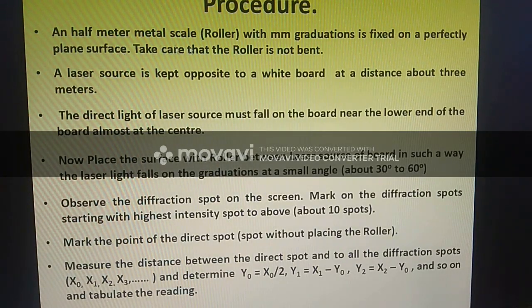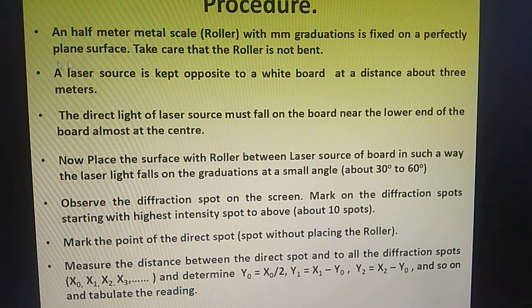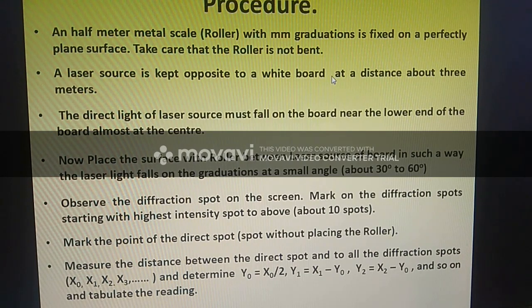This is the procedure. We have a metal roller with millimeter graduations or half graduations fixed perfectly on a plane surface. Take care that the roller is not bent. The laser source is kept opposite to a white board, at a distance of about 2 to 3 meters.